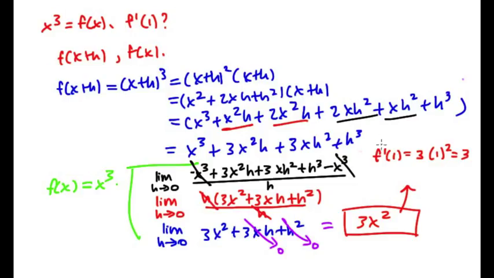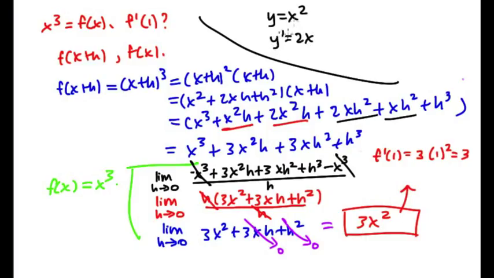Okay, so that's cool. And I just want to note something, because it's going to be the theme of our next video, which is going to be the power rule. If y equals x squared, y prime equaled 2x, right? And if y equaled x cubed, y prime was 3x squared. Do you notice a pattern here?